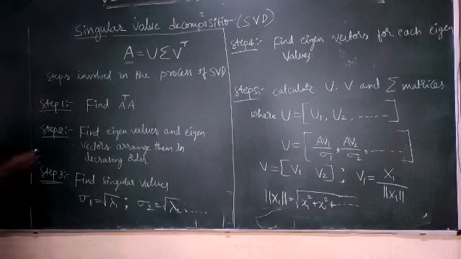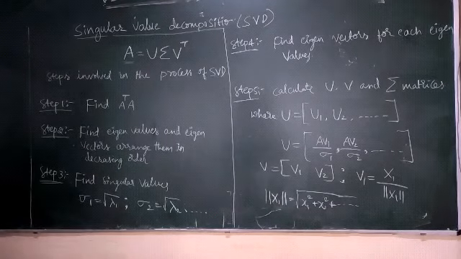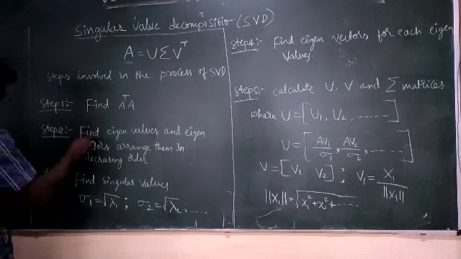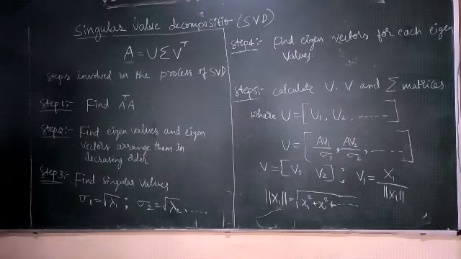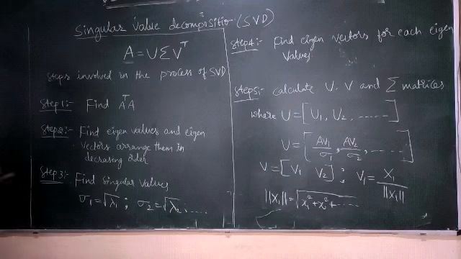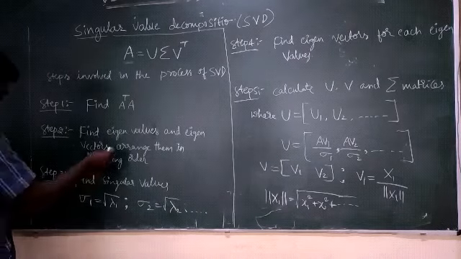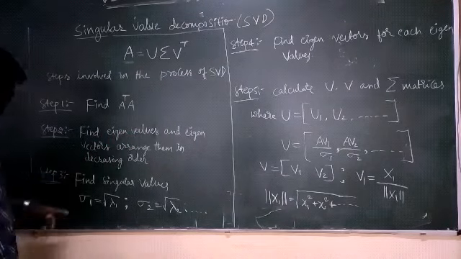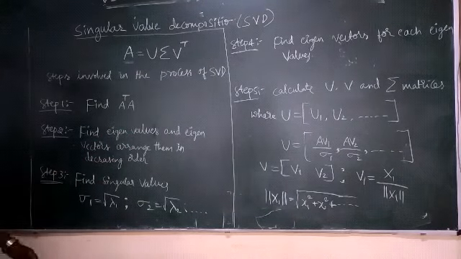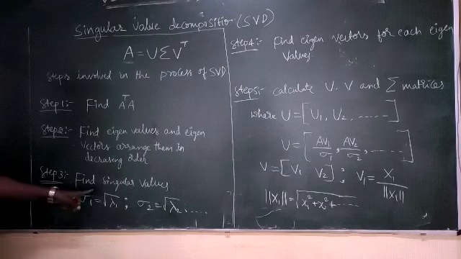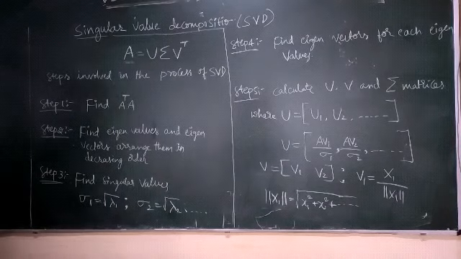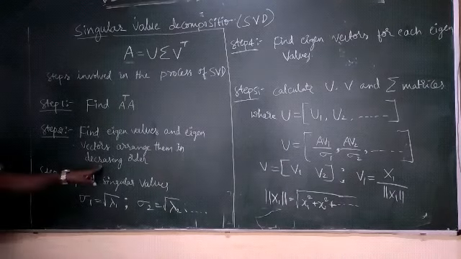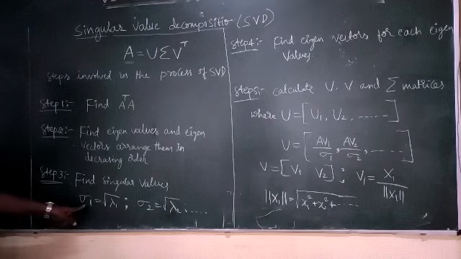In the second step, find the eigenvalues and eigenvectors and arrange them in decreasing order, as we have discussed in the previous classes. Then find the singular values. How to find singular values?